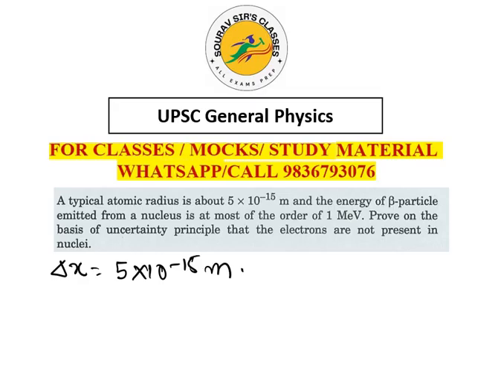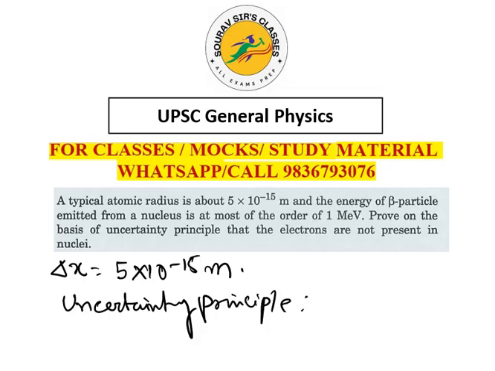And from the uncertainty principle, we can write that del x · del p is greater than or equal to h by 2π.